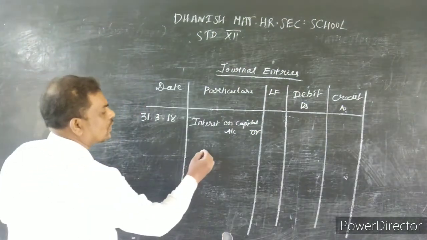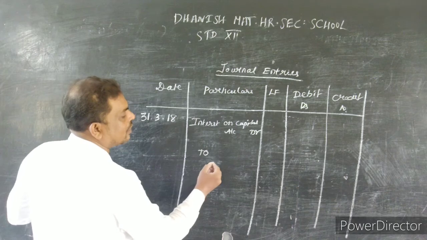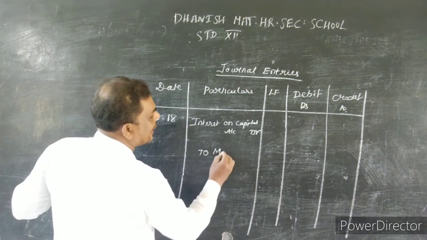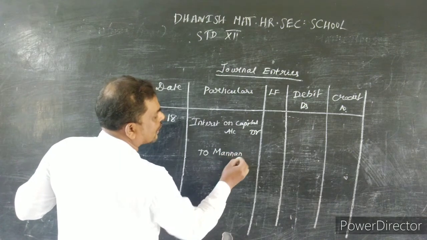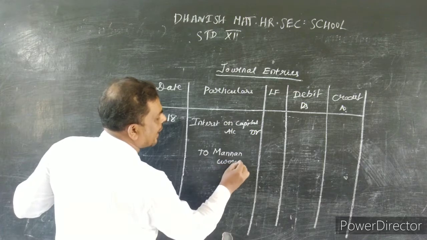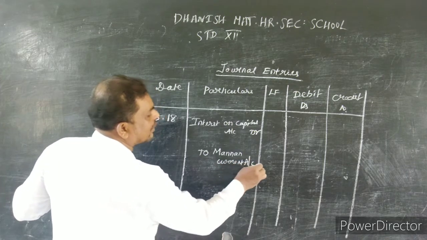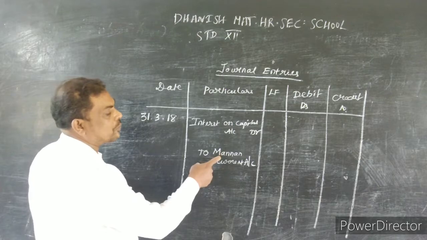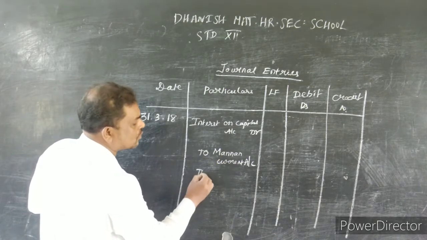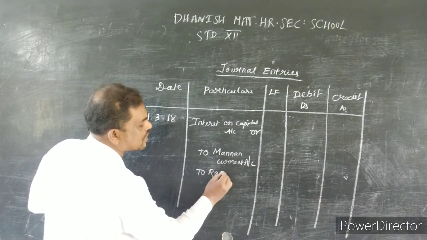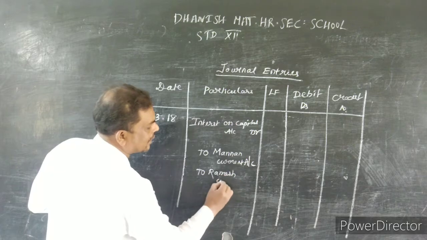So what do we have to do? 2 partners are there. Who are they? One is Mannan current account. You should not say capital account because they are following the fixed capital method. That's what we have to put, Mannan current account, and Ramesh current account.